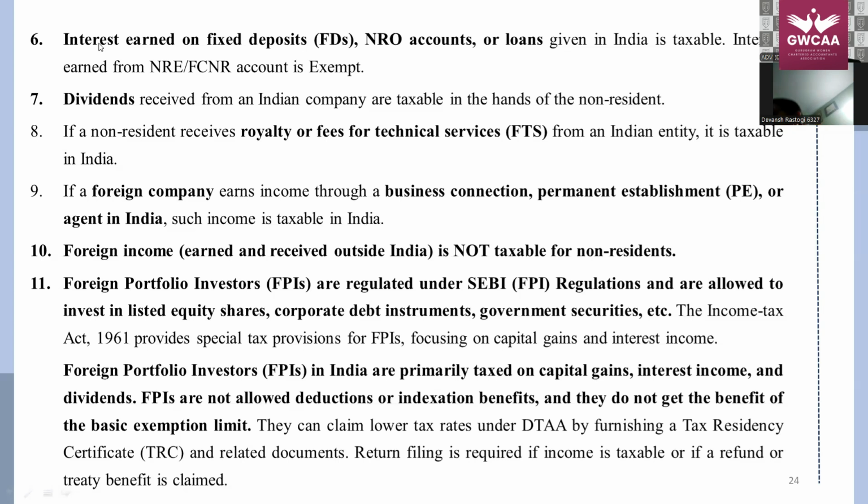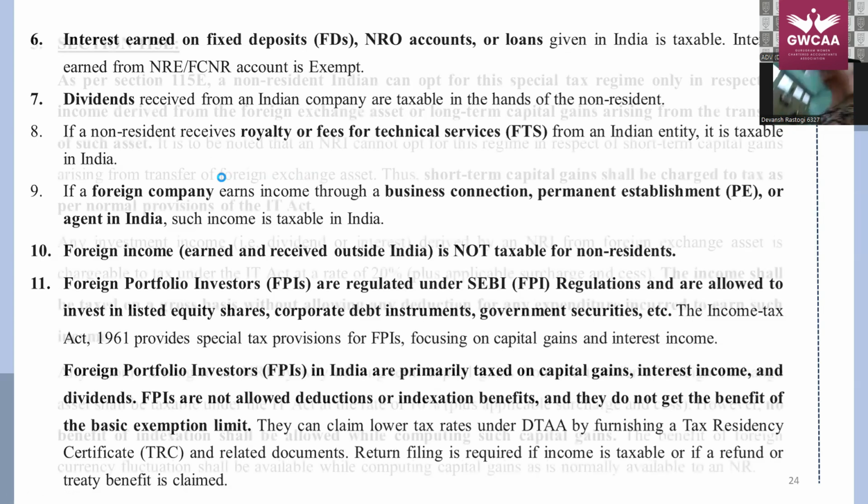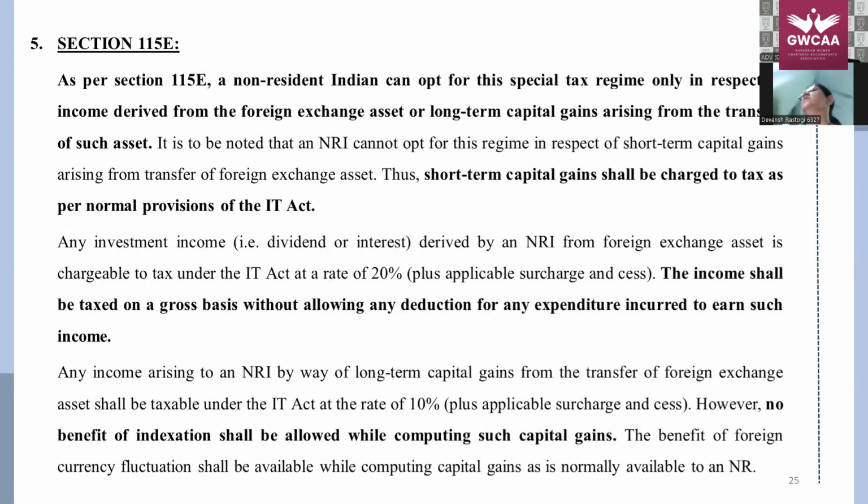Next. Now there is a section 115E. There is an alternative tax regime where non-resident can opt for an alternative special tax regime, and straight away he will be levied a special rate on short-term or long-term capital gains.